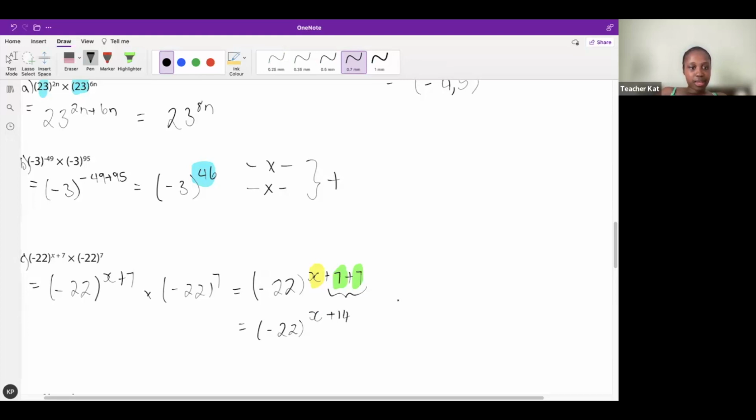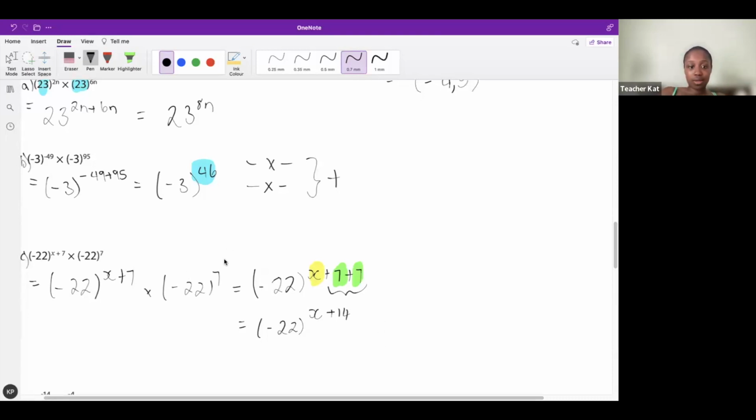Are we with me? Yes, Minnie says yes. Wonderful. So remember, you cannot introduce something that wasn't there in the first place. We have to stick with the question and how it was and solve it as it was.